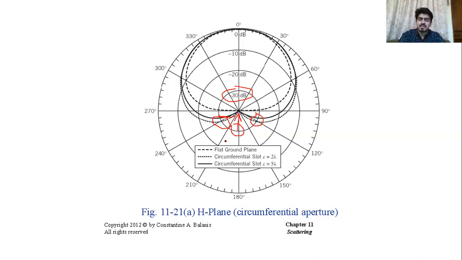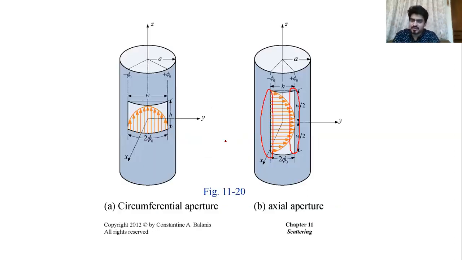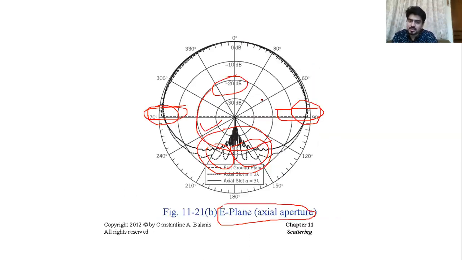That's what I was saying, that if you have a circumferential aperture and you look at the H plane, since your diffraction is much weaker, you will not have that much radiation. However, when we look at this axial aperture, since your E field is perpendicular to the edge of the aperture, you will see a much stronger diffracted field, and that's why you will see much larger and bigger back lobes.